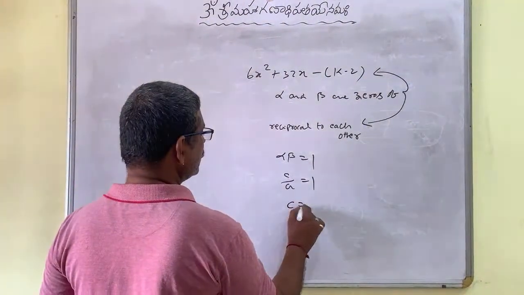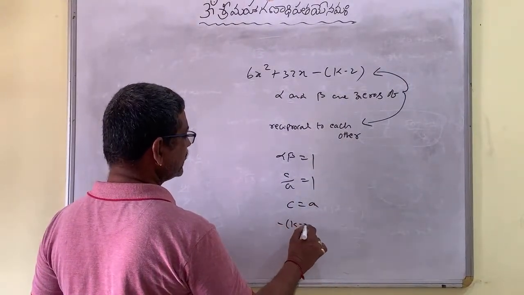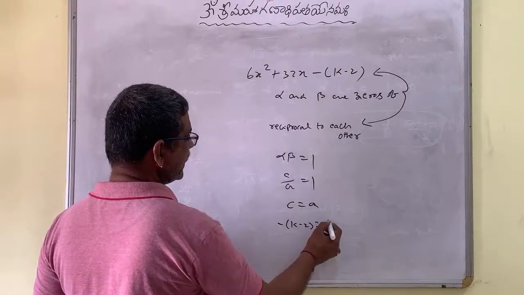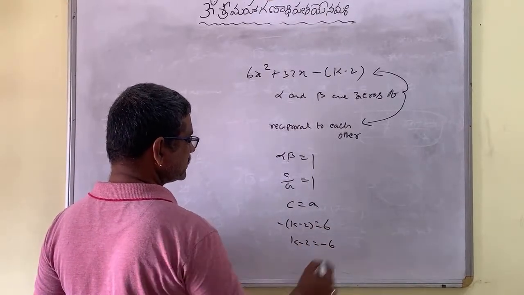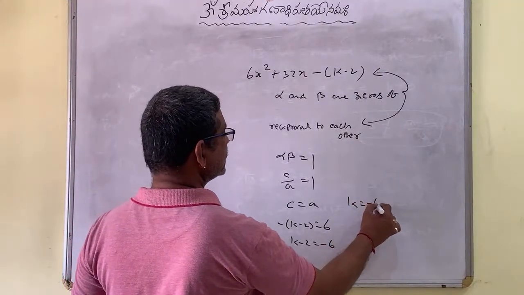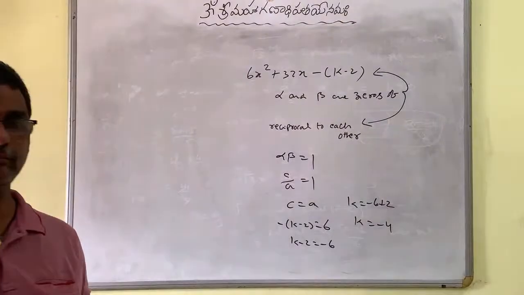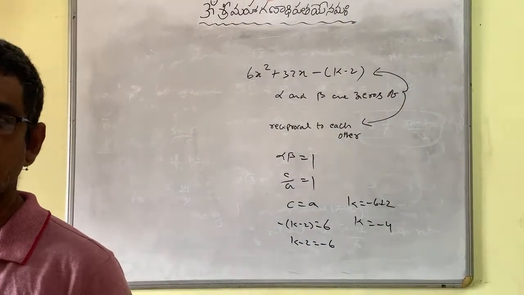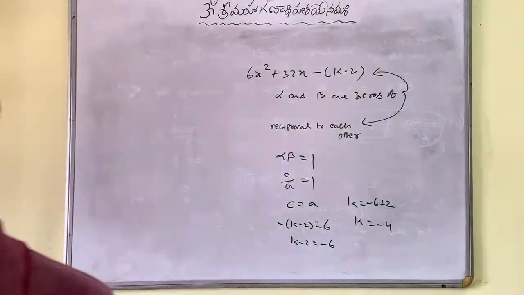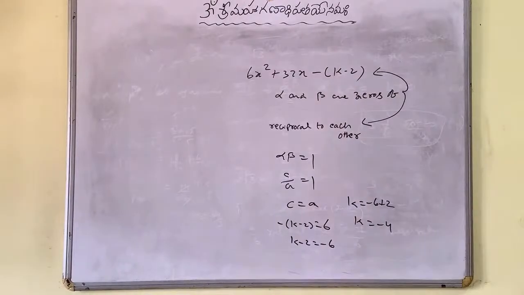Then C is equal to A. What is C? Minus of K minus 2. What is A? 6. K minus 2 is minus 6. K is minus 6 plus 2. Minus 4. K value minus 4. Is that right, children?